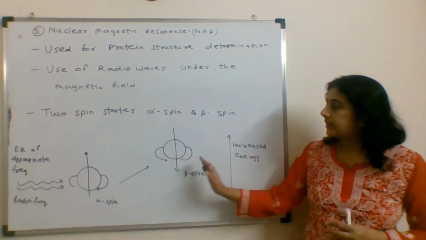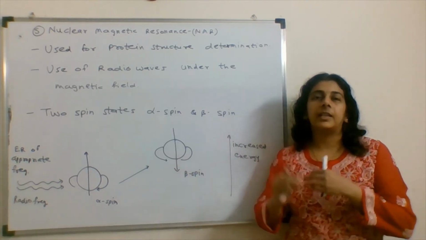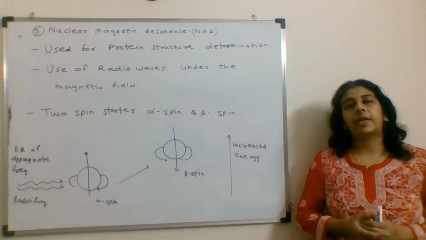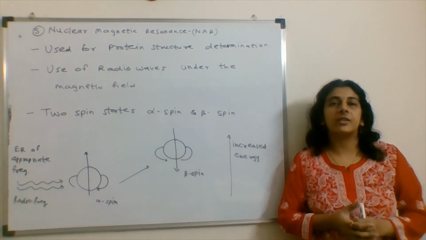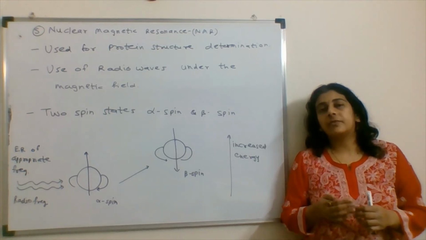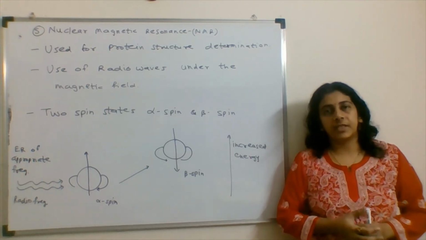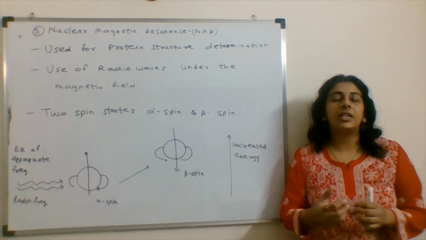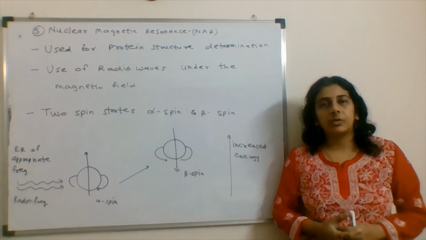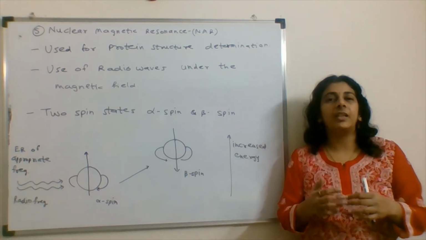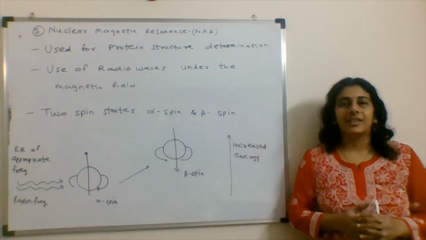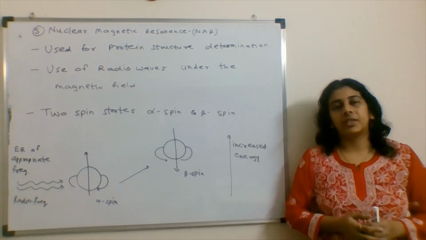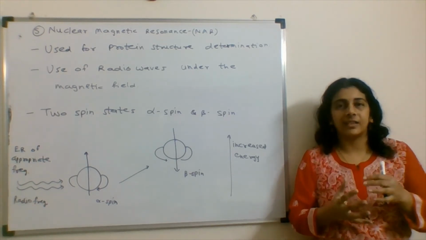Here, this is a carbon nucleus and it must be surrounded by some other atoms. Like in a biomolecule there is a hydrogen atom, there is an oxygen atom. If the carbon is attached with an oxygen atom, then of course oxygen is the electronegative atom. So it will pull most of the electron towards it and carbon will be de-shielded, right? But when there is a hydrogen atom around this carbon atom, it will get shielded.